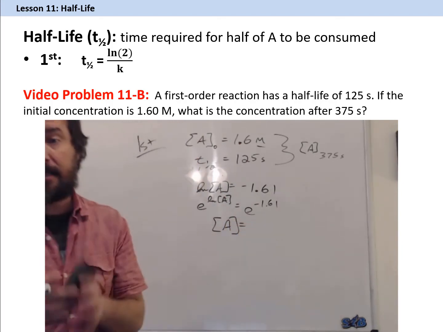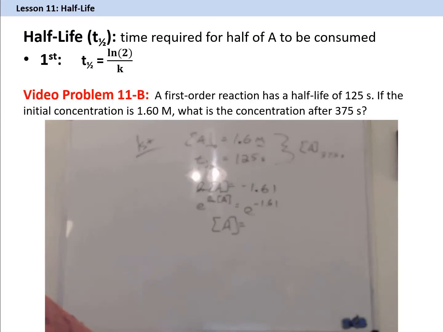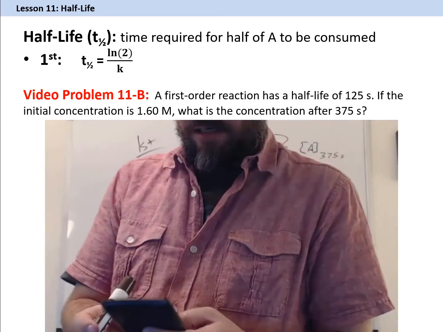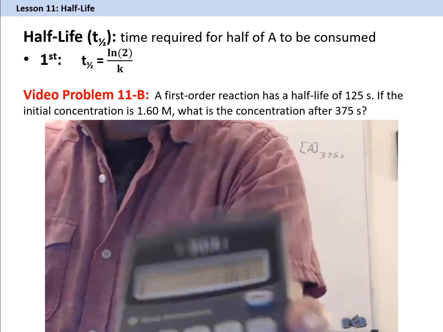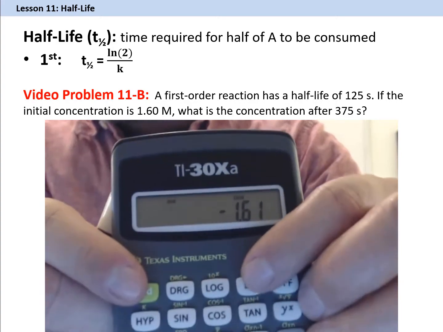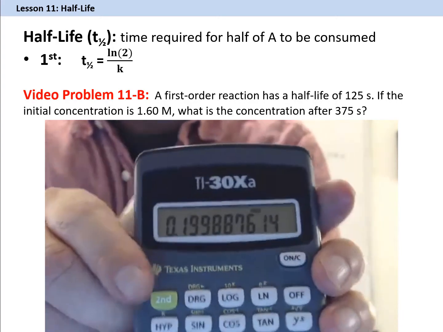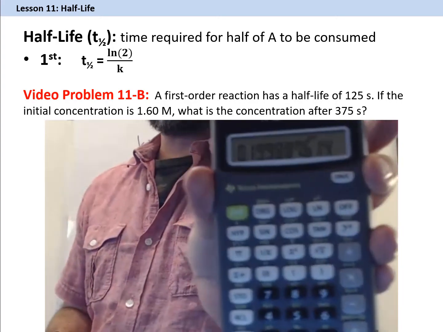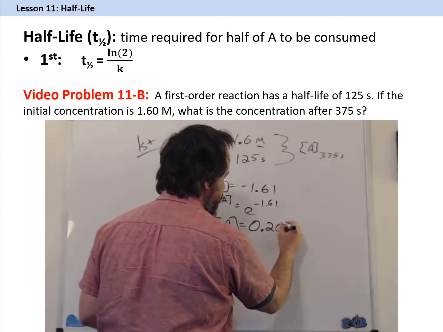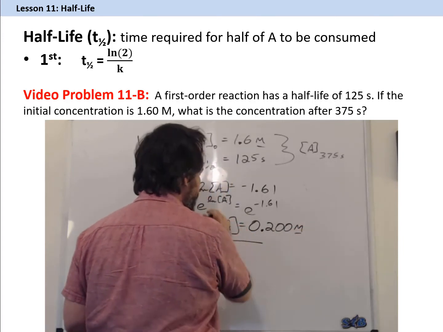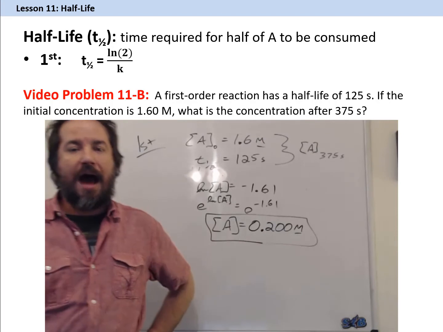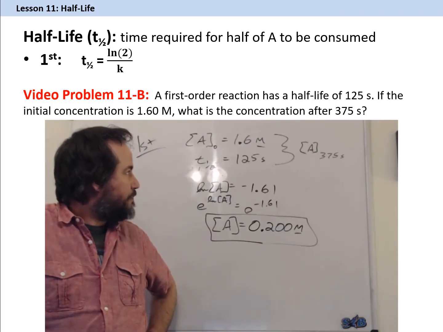So in my calculator, which I do not have right next to me, but I am finding it, right? So 1.61, I do second function, and then this key right here, yours may vary, I get 0.1998 or 0.200. This is the concentration after 375 seconds.